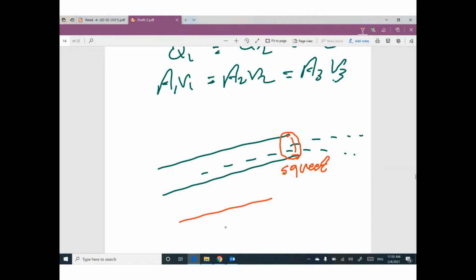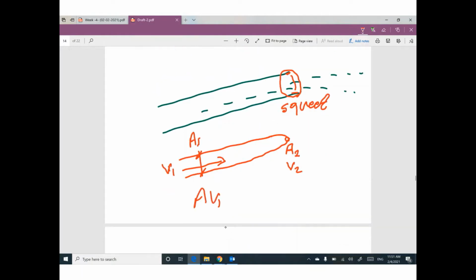So the hose looks like this, and you squeeze the output like this. So the output has area 2 and the remaining hose has area 1. We have here a regular velocity V1, and here we have V2. To keep area 1 V1 equal to area 2 V2, you reduced area 2, which means V2 will be faster. So you can expect a faster output. That makes sense?